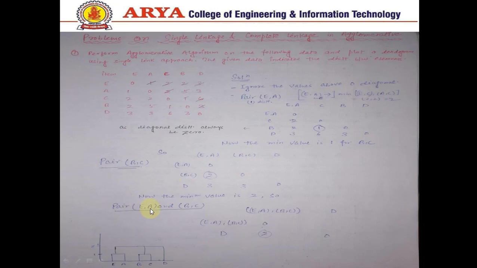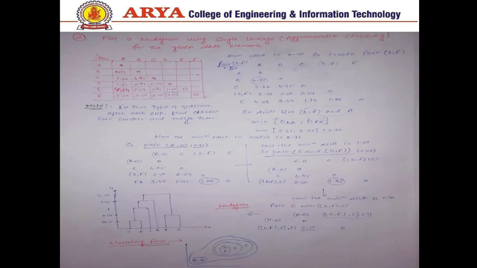Now we pair E, A and B, C, and finally we get the value 2. According to the minimum distances we design the dendrogram. We have already grouped E, A and B, C, and finally we get this dendrogram. This is the process of solving any numerical problem based on single linkage.